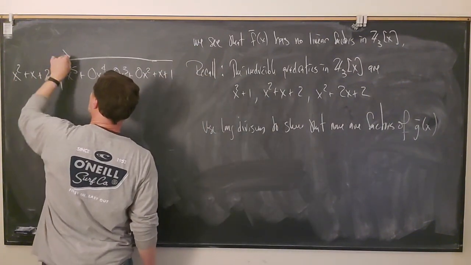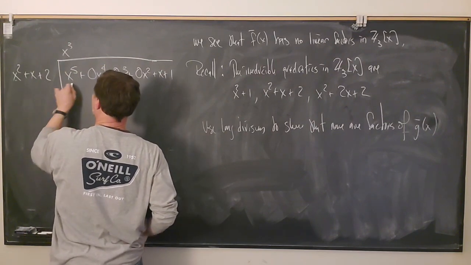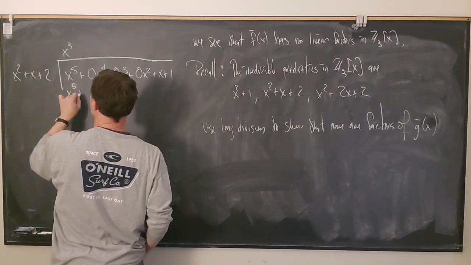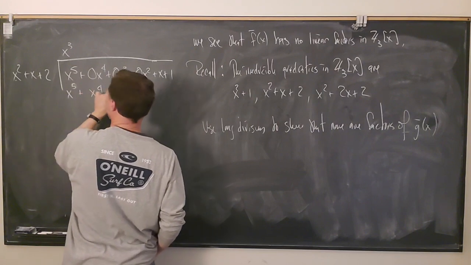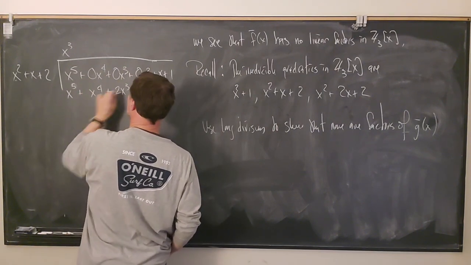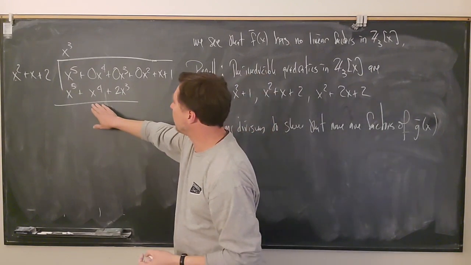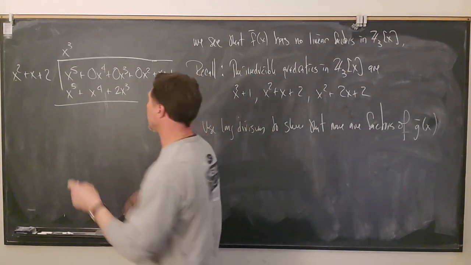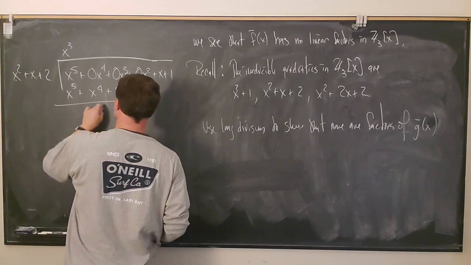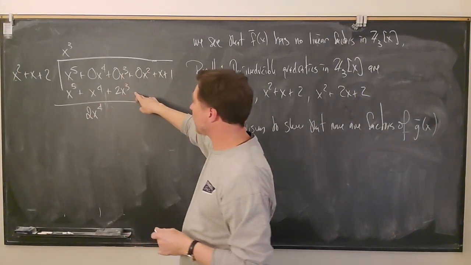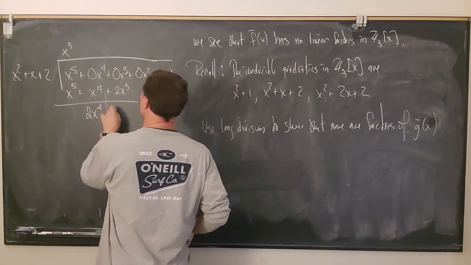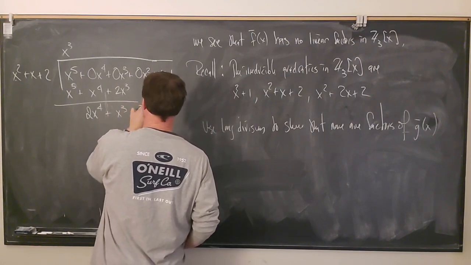X squared goes into x to the 5th, x cubed times, multiply that out, we get an x to the 5th plus x to the 4th plus 2x cubed, subtract. That's going to give us a negative x to the 4th, which is the same as 2x to the 4th, minus 2x cubed, which is the same as plus x cubed, and then we have plus 0x squared.